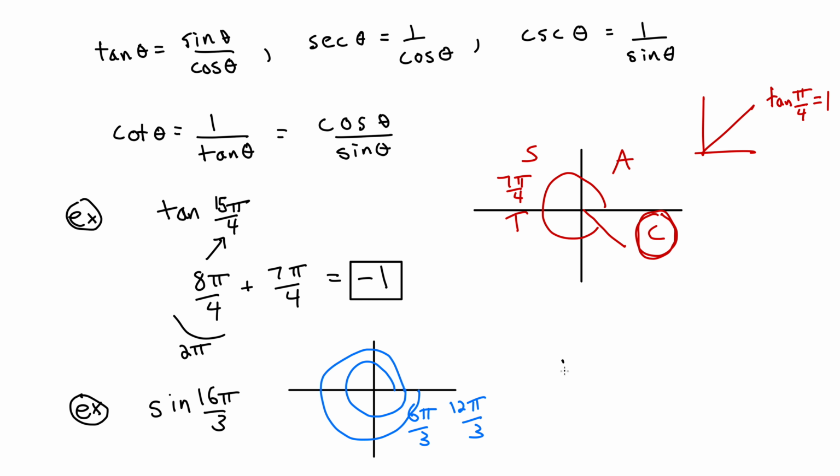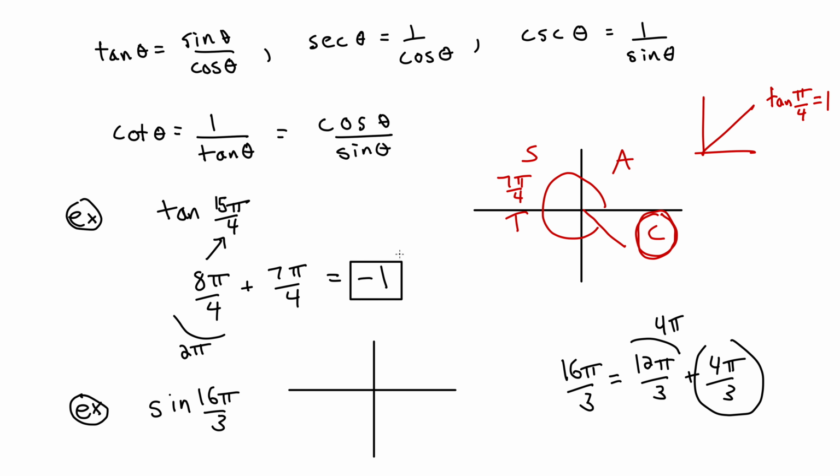So we have 16 pi over 3 is really 12 pi over 3 plus 4 pi over 3. And we know that this is equivalent to 2 pi or 0. It's actually 4 pi, which is the same as 0. So really we need to figure out what sine of 4 pi over 3 is. Okay, back to our axes, we know that 3 pi over 3 is 90 degrees.